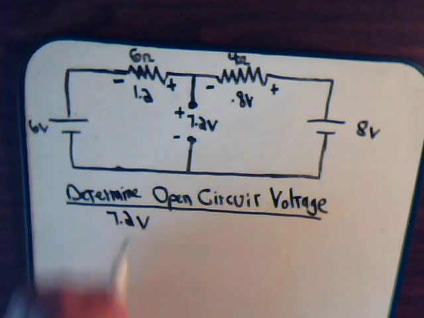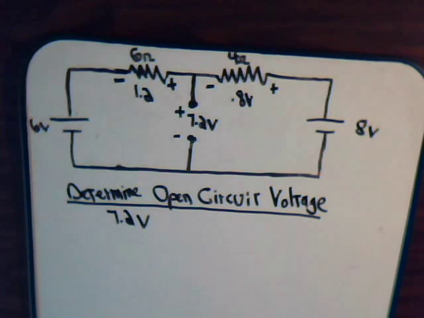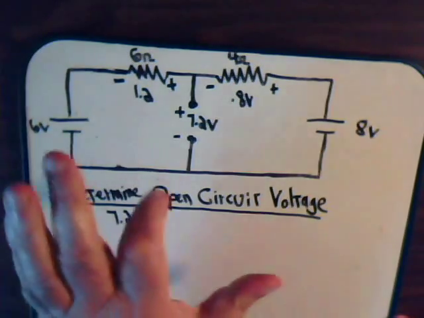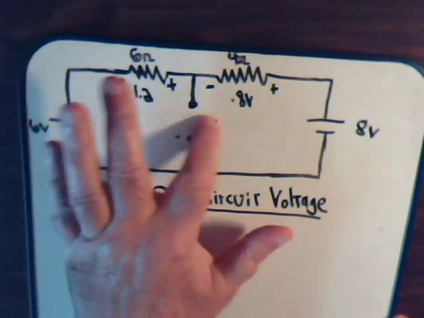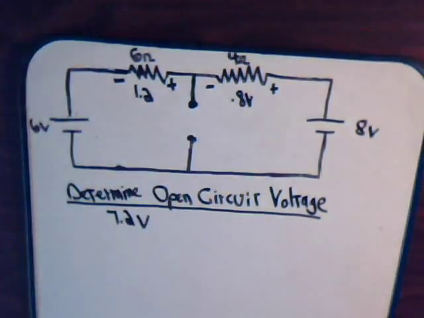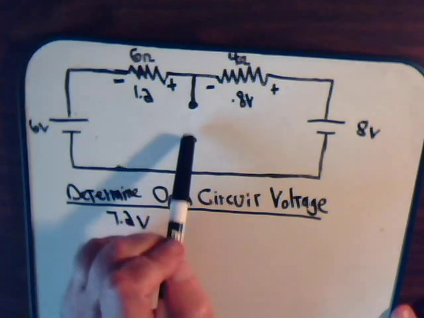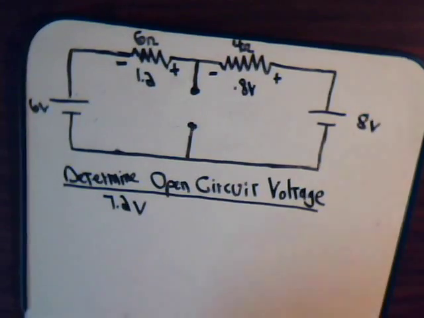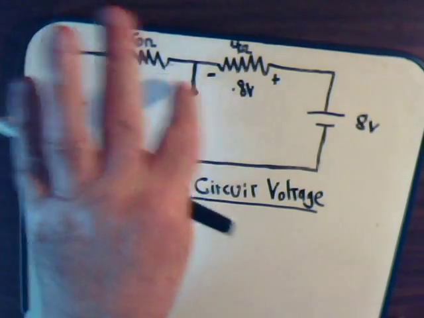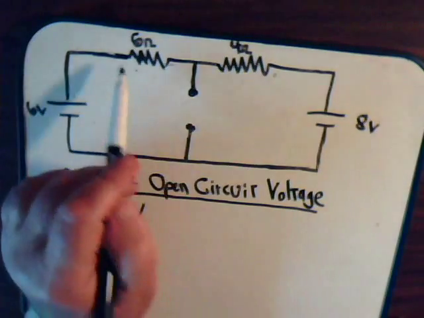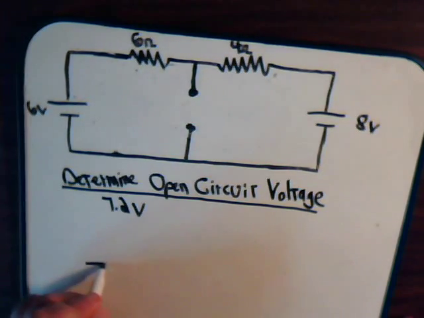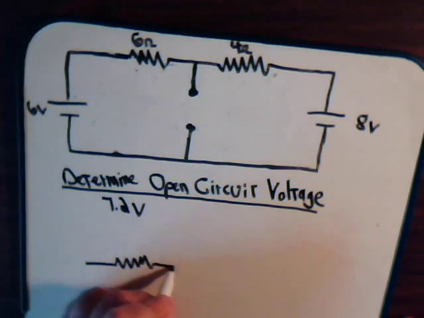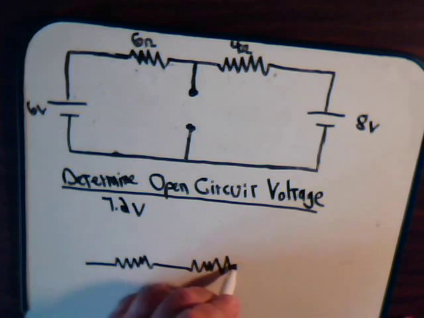7.2 volts. Now, the next step is we want to determine the resistance of the circuit across these two terminals after we remove all of the voltage sources and all the current sources. So let's just redraw it. We don't need this anymore. We have 6 ohms and 4 ohms, and no voltage sources.